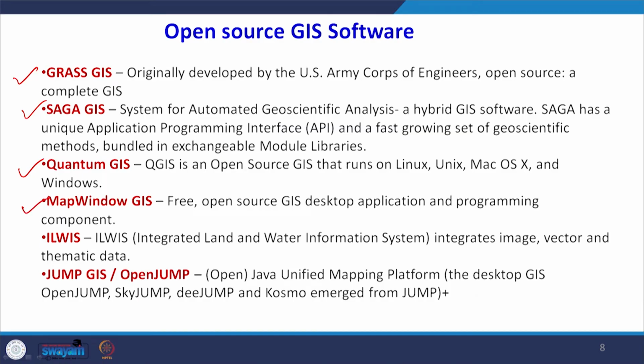Then MapWindow GIS is another open source software. ILWIS, which is called Integrated Land and Water Information System, was developed by ITC Netherlands. This is again quite popular amongst researchers. Then JUMP GIS or OpenJUMP, these are other software. Again, this is an exemplary list, and there is a very long list if we search for open source software.